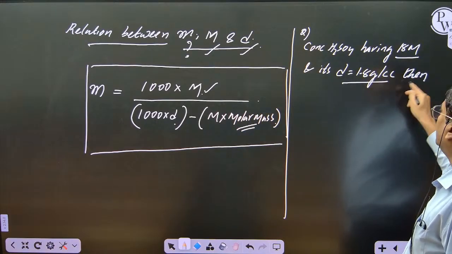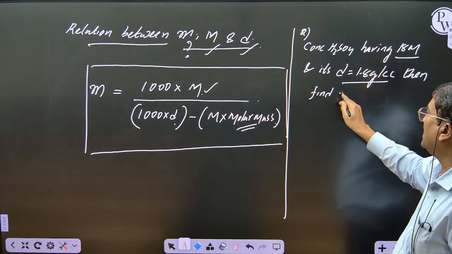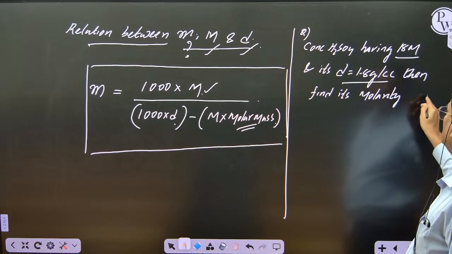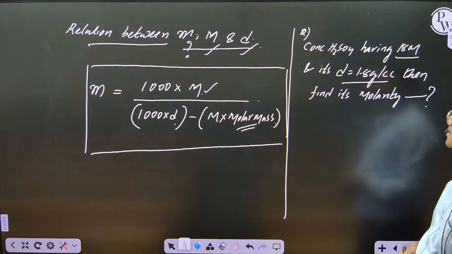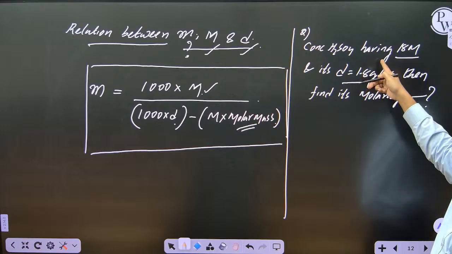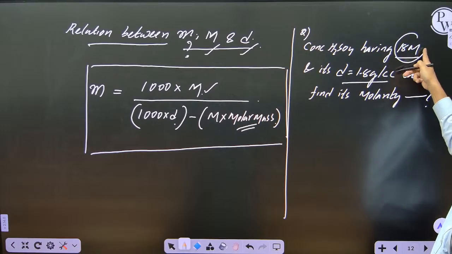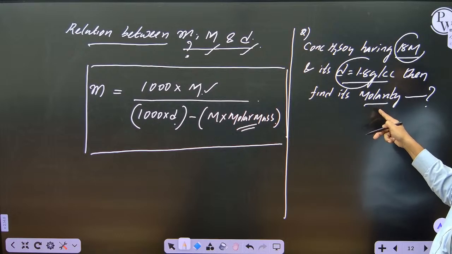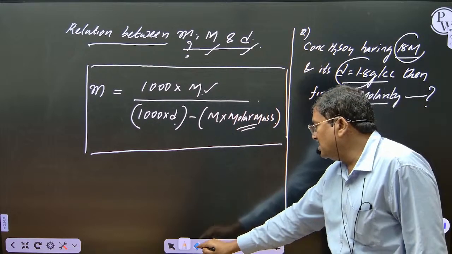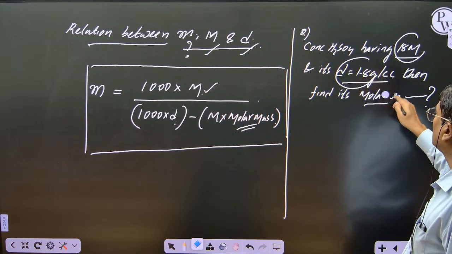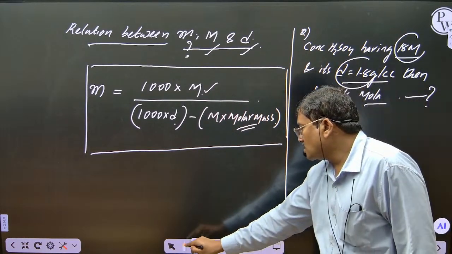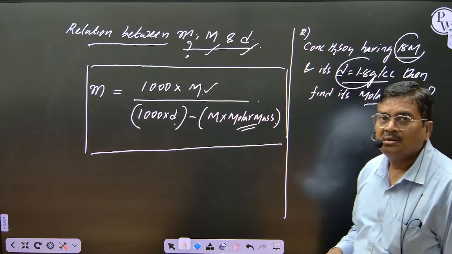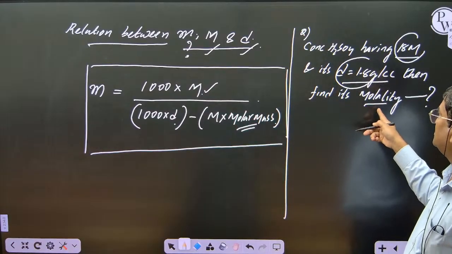Then find its molality. In this question he has given molarity and density, and he is asking to find molality, small m. Understood, students? So this is what we have to find.